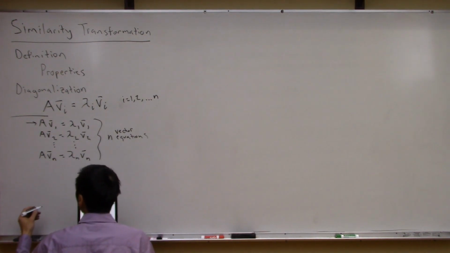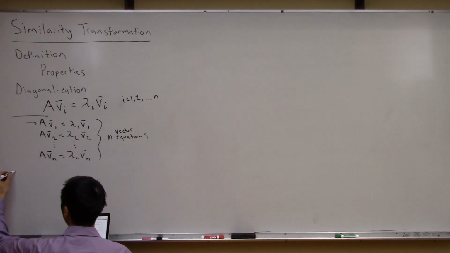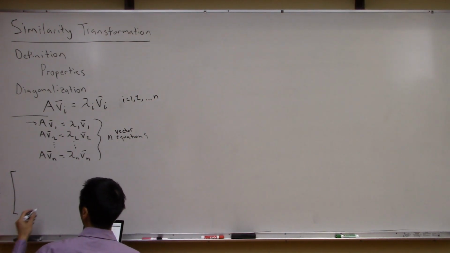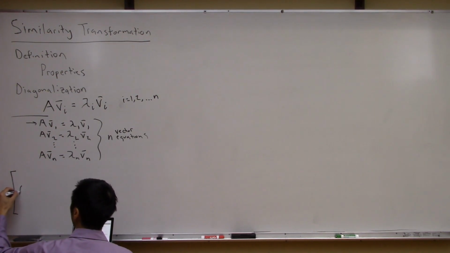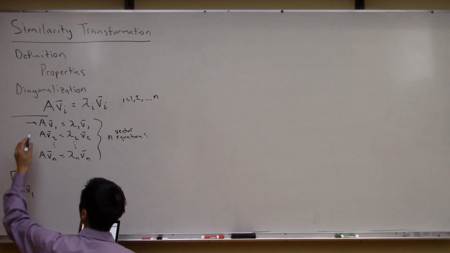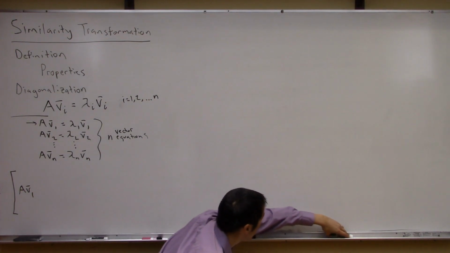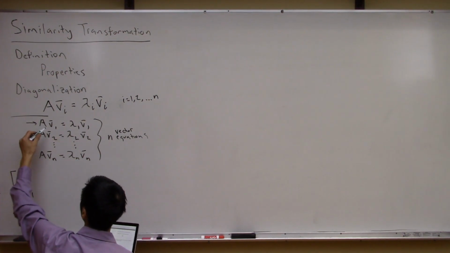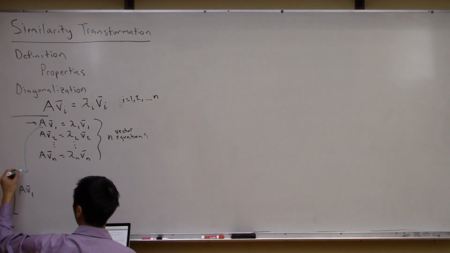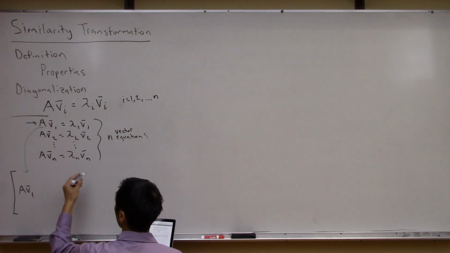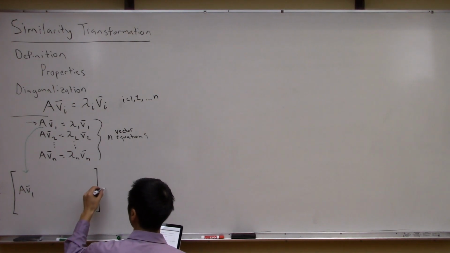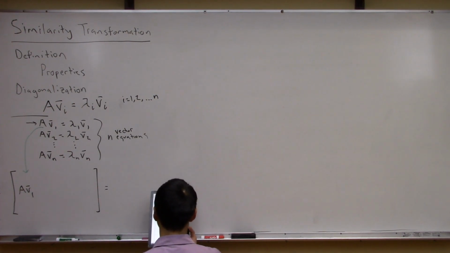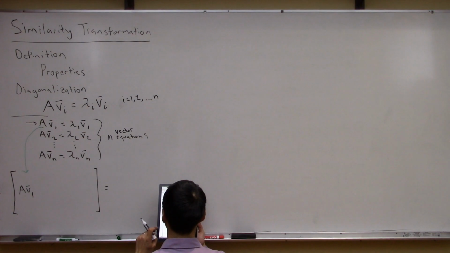So let's stack this. Let's start making a matrix where the first column is going to be AV1. I'm going to take this first part and put it in the first column of this matrix that we're going to build up, and let's leave the other entries as something else; we'll take a look at that in a second.